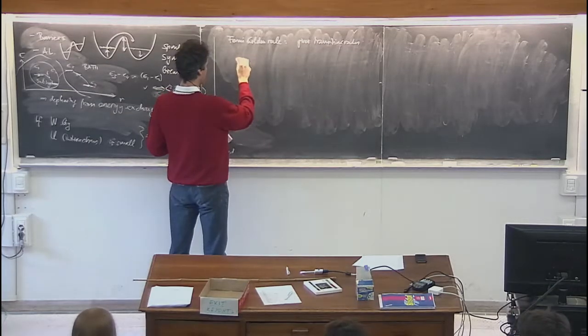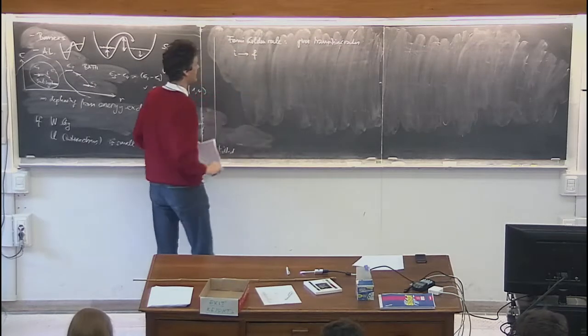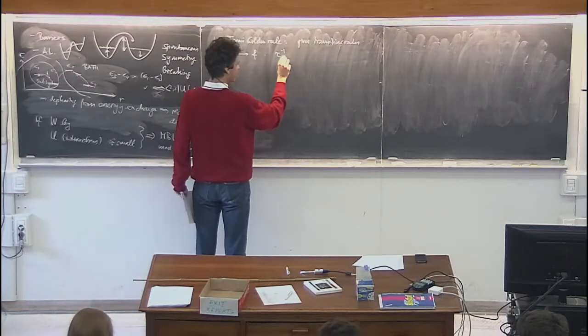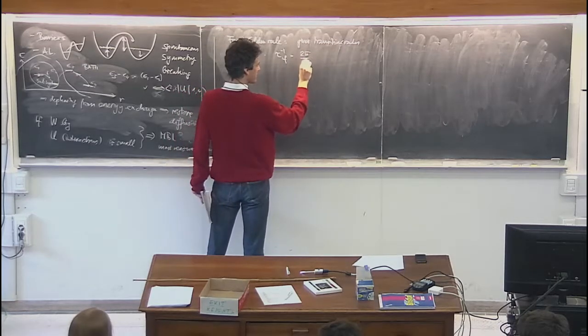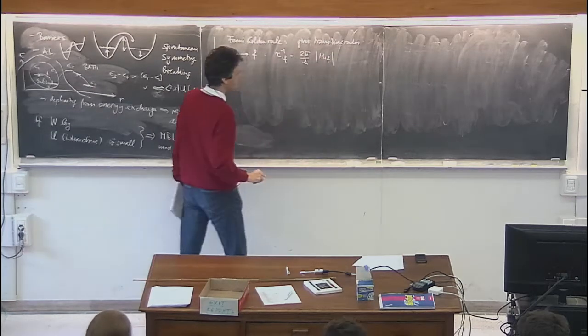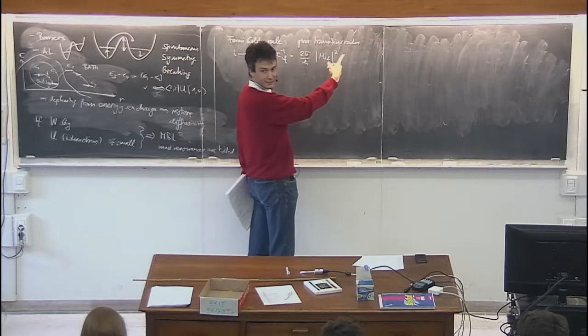Let me write down how this goes. Say you want a transition from an initial to a final state, right? And you ask what is the rate for that, and that is 2 pi over h bar, right? Then you have a matrix element from i to f, initial to final state, squared, and then what is missing here still?